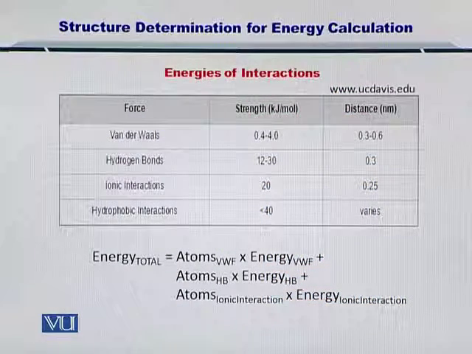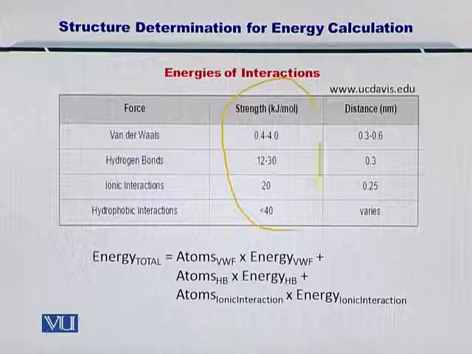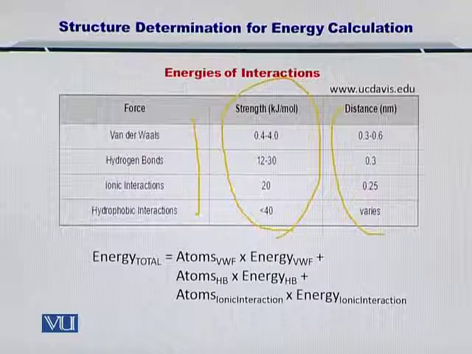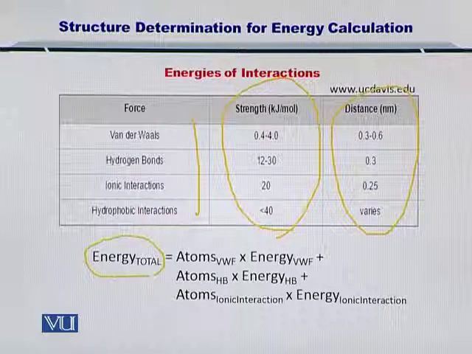In this table, you can see there are 4 types of interactions, that is the van der Waals forces, the hydrogen bonds, the ionic interactions, the hydrophobic interactions, and of course, once you know all of them, and the energy given out as a result of the interaction, you also know the length of the bond between the atoms. Then you can calculate the total energy by using this simple formula.